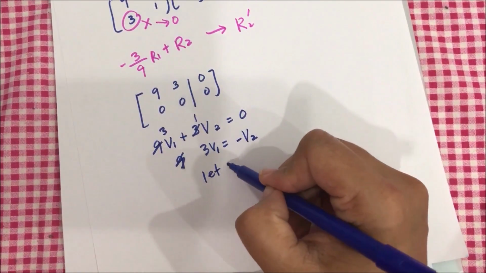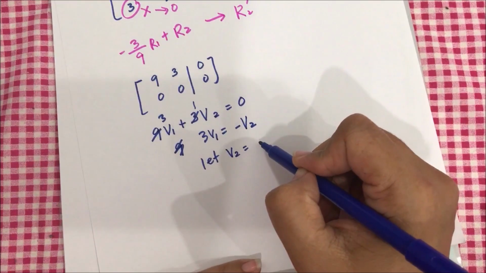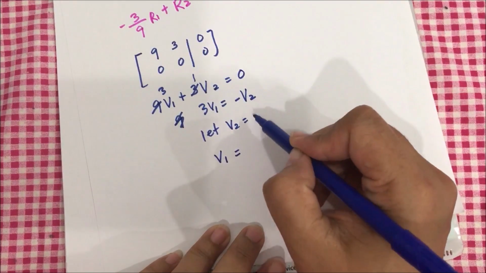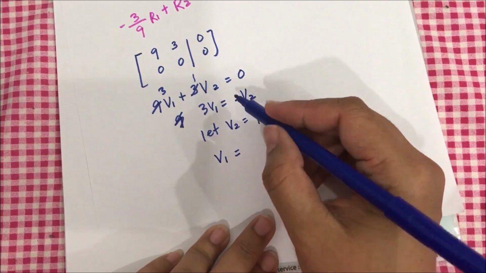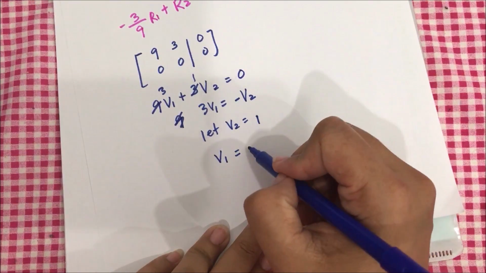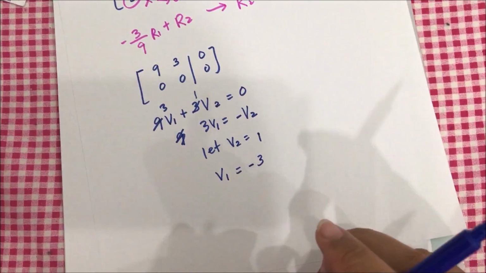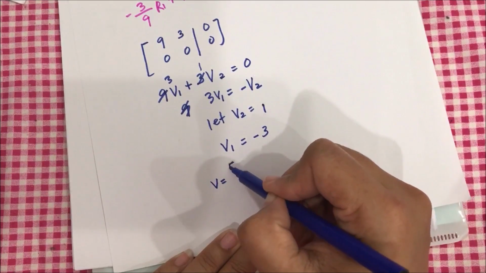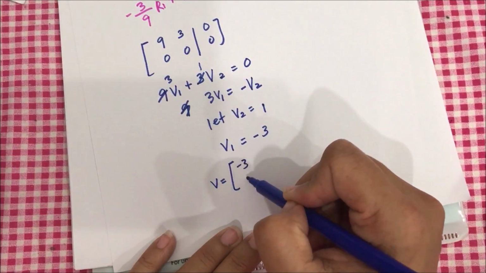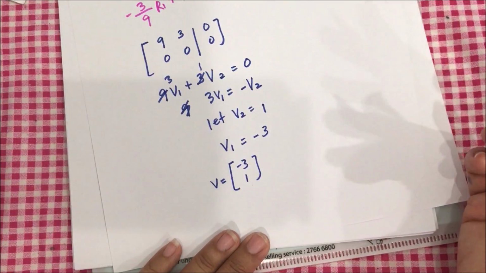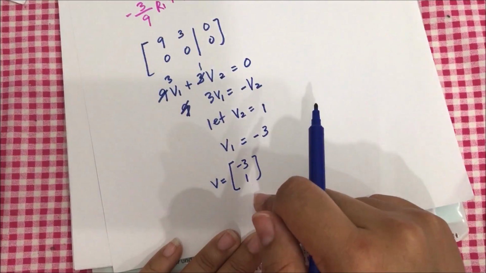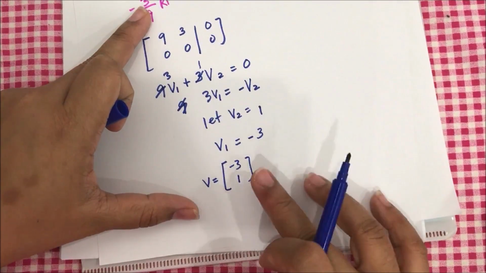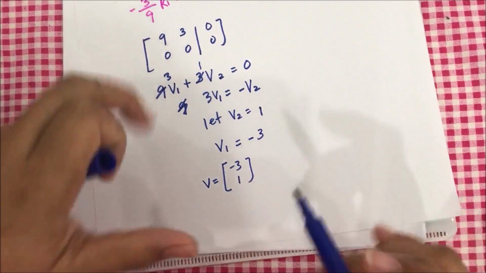So let's say we let v2 equal to 1, then we will get v1 equal to -1/3, or scaling, -3, 1 is one of the eigenvectors corresponding to this eigenvalue. It can also be -6, 2, and so on.